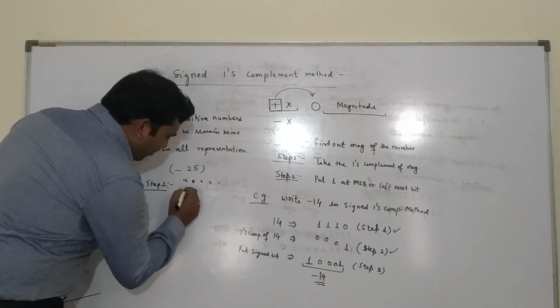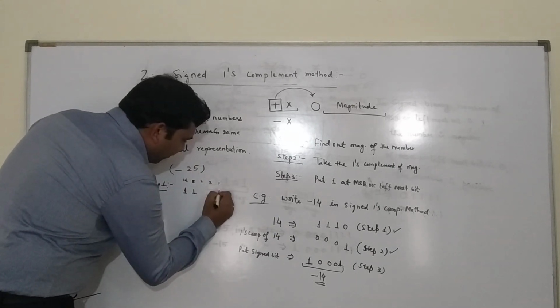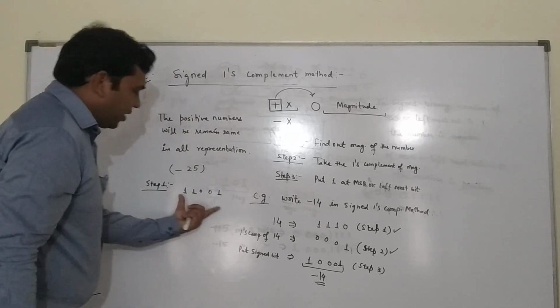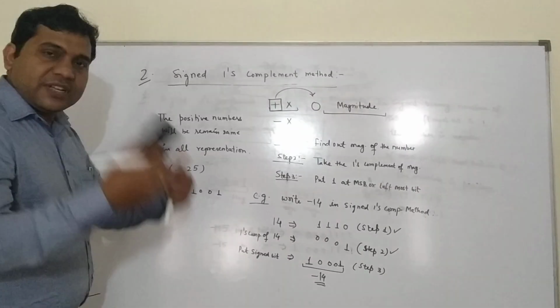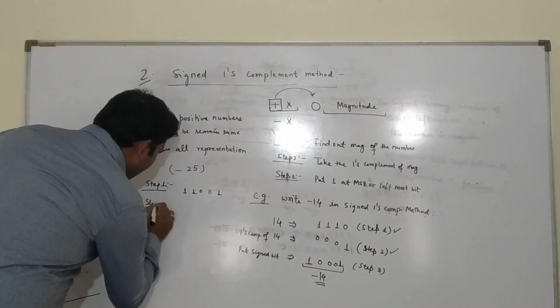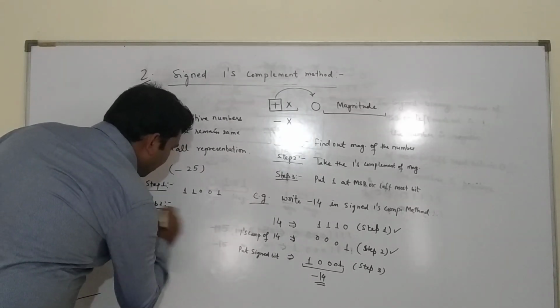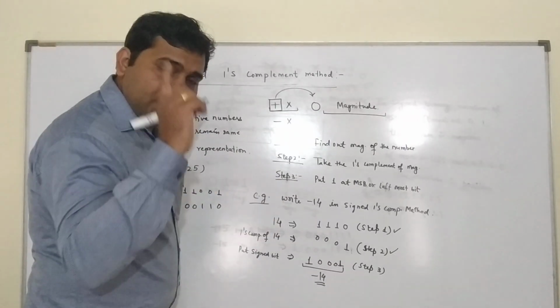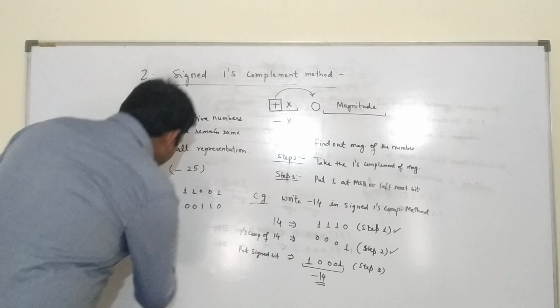So what is 25? 25 is 1, 1, 0, 0, 1. Take the ones complement of this. Step number 2: 0, 0, 1, 1, 0. Step number 3. Put the sign bit.